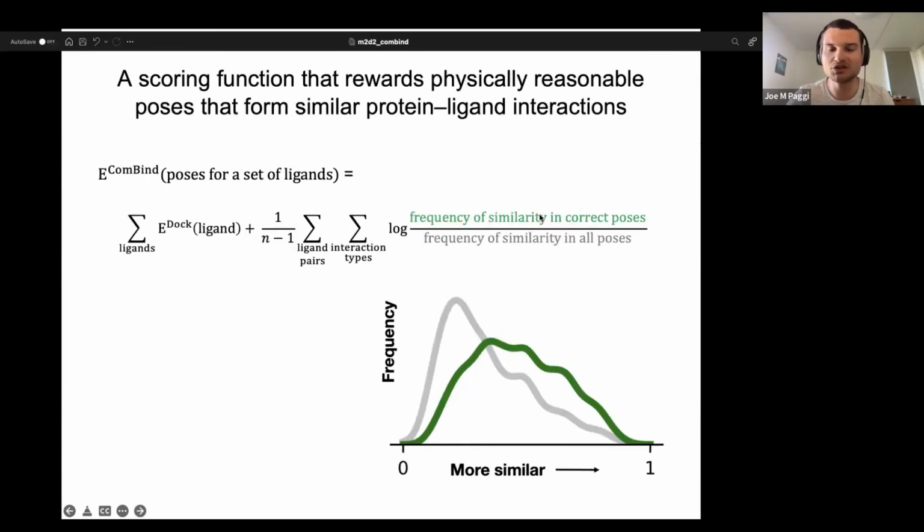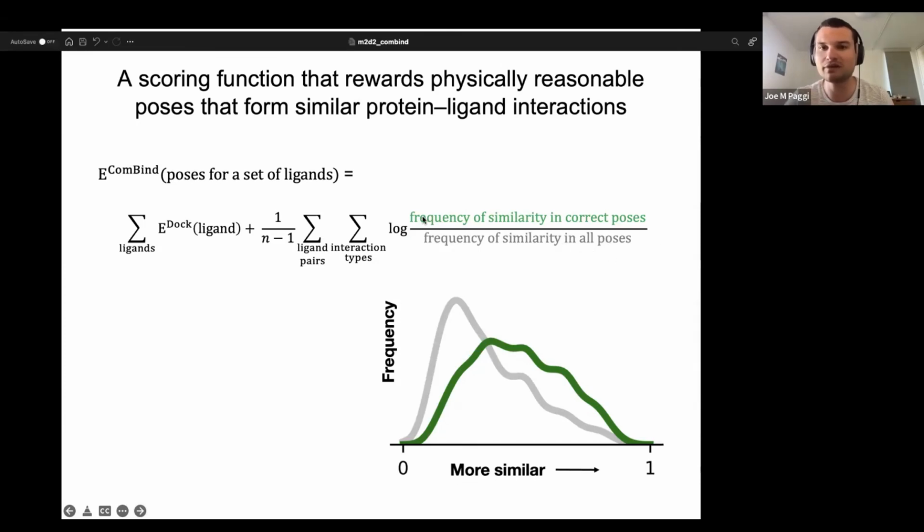The individual term is the log ratio of the frequency of the observed interaction similarity for that pose pair in the correct poses, divided by the frequency of this observed similarity in all of the poses.